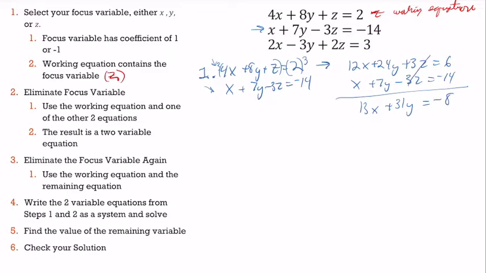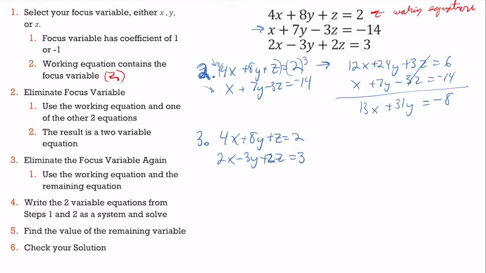So this was step 2. Step 3, I'm going to do step 2 all over again. I take my focus equation, my working equation, and I take 2x minus 3y plus 2z equals 3. Now, what would I multiply my working equation by in order to cancel out 2z?